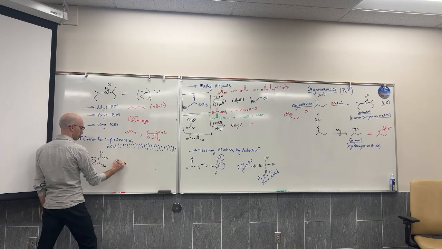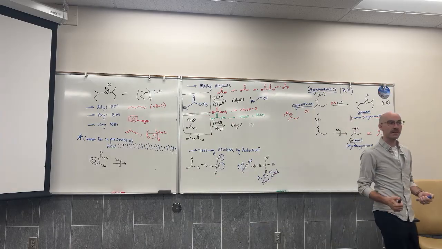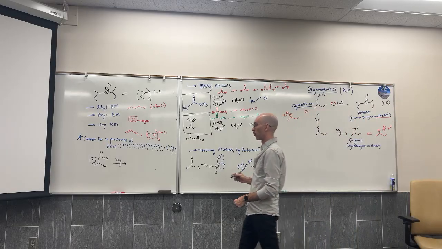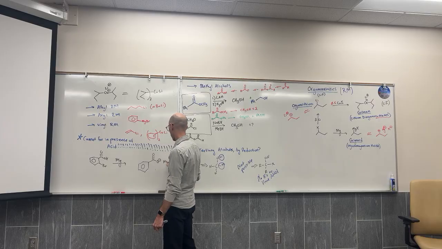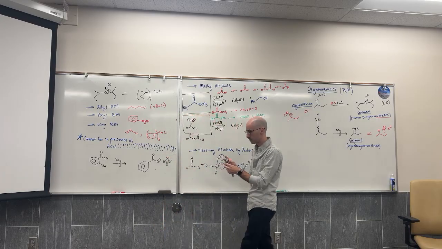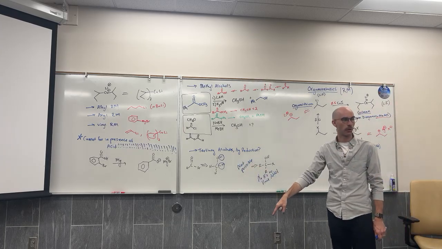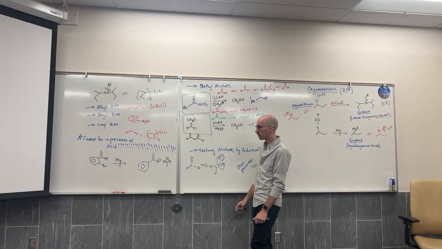So, for instance, if I wanted to take orthobromobenzoic acid, add in some magnesium, and make an organometallic at that orthobromine position, you know what product you're expecting to see here. You're expecting to see carbon, magnesium, bromide, because that's what the Grignard is. You don't see it.